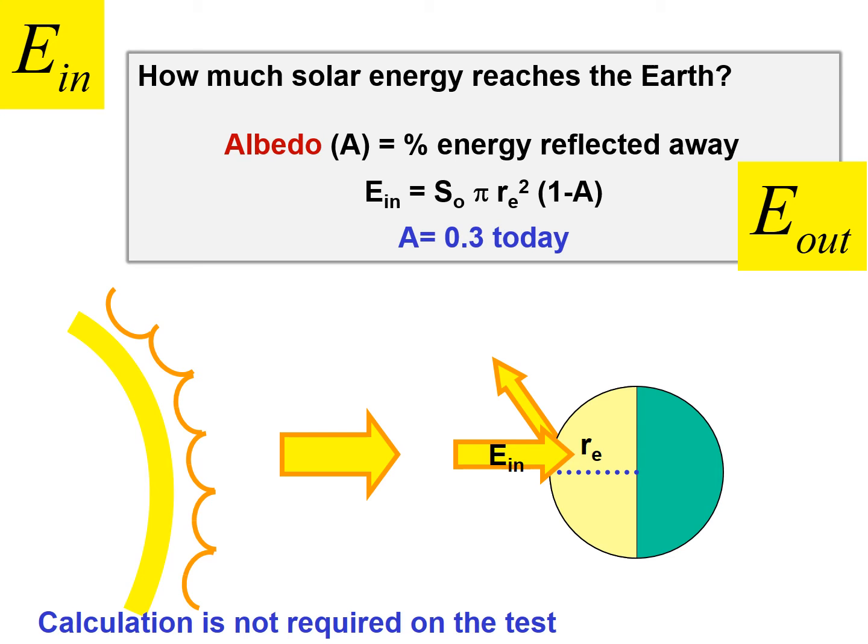Is E out only during the daytime, or only during the nighttime? No, at any moment, from anywhere on the Earth's surface, it emits energy. Everywhere, that means the total area of Earth's surface. What is the total area of Earth's surface? 4 pi r squared, right?